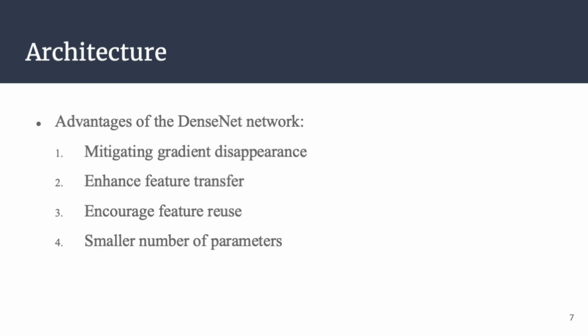Significantly reducing the number of parameters required compared to other networks. By leveraging these benefits, our model can effectively classify breast cancer cases with improved accuracy and reduced computational complexity.